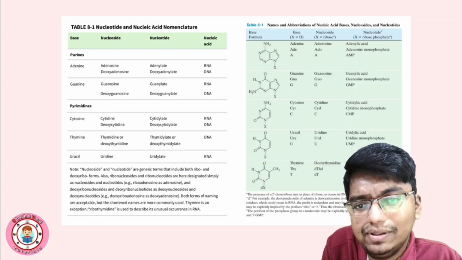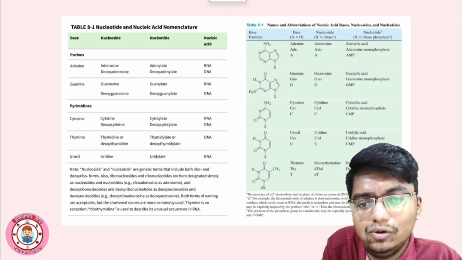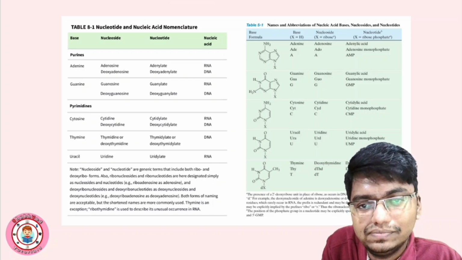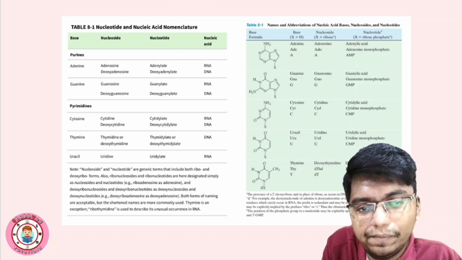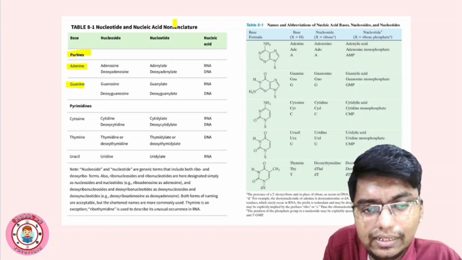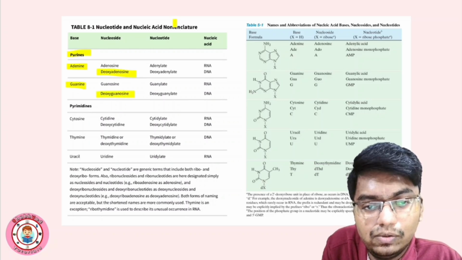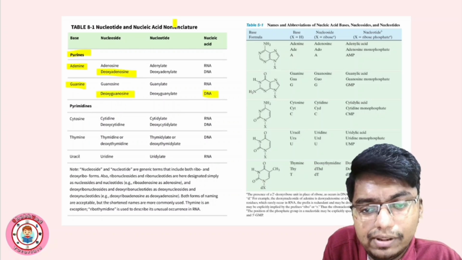Now this is the table you can see of nucleotide and nucleoside, their presence in the nucleic acid. So you can see the purines adenine, guanine, deoxy forms. Deoxyadenosine and deoxyguanosine will be present in DNA.